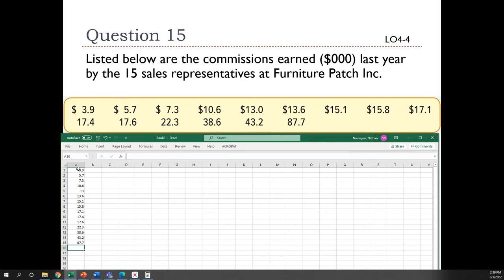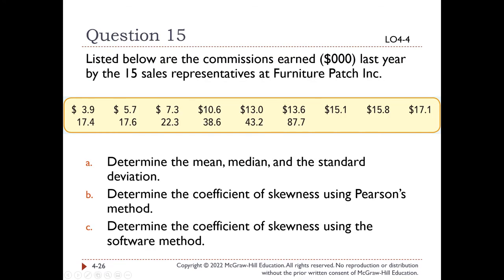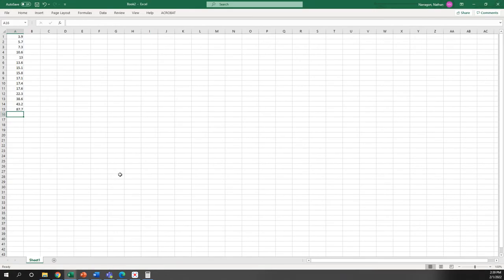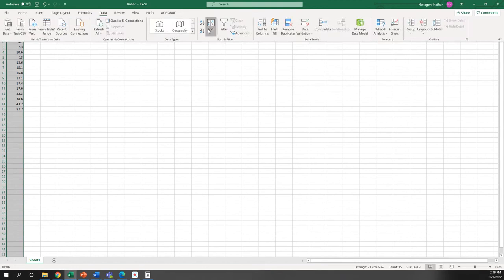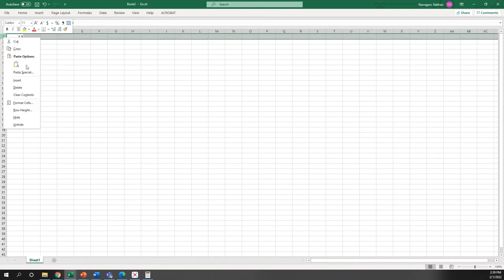And there we go. There's our numbers, all 15 of them. All right. So here's our numbers, and it looks like it's already put in order. Well, let's make sure. Data. Sort. Okay. Yep. No changes whatsoever. Good to go.